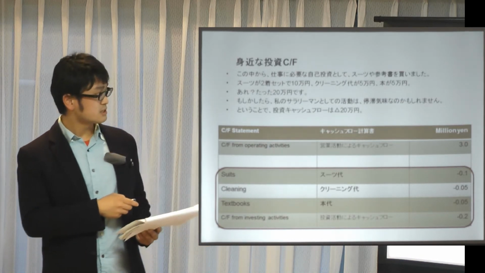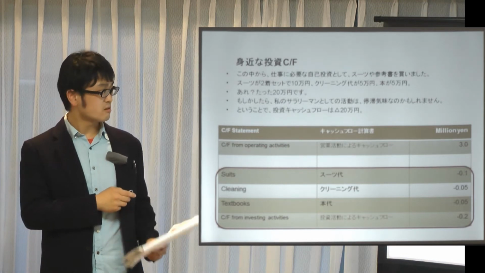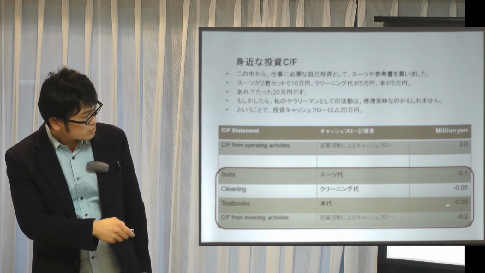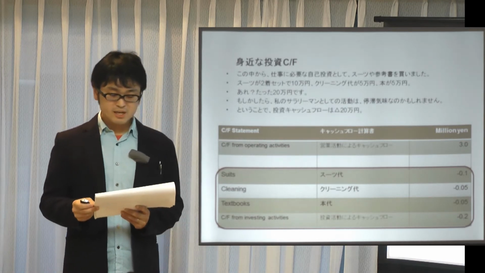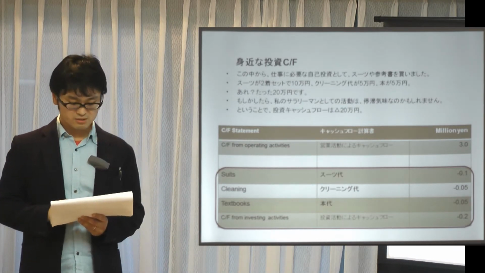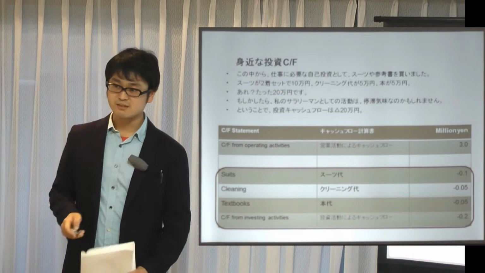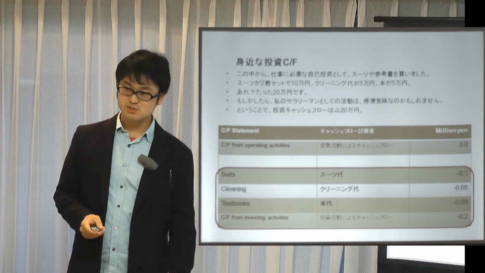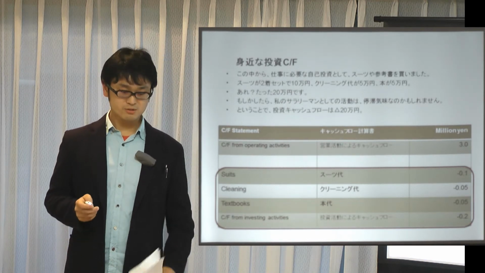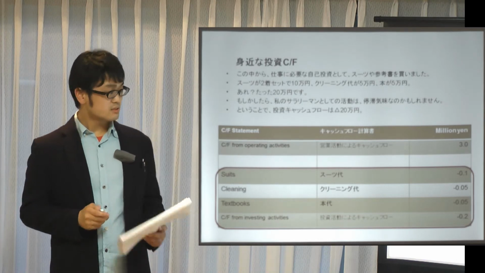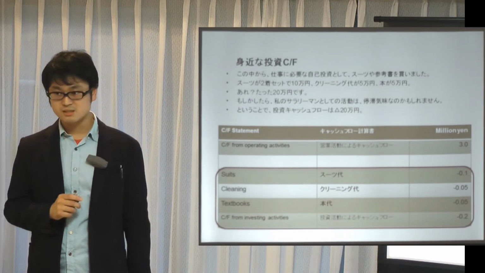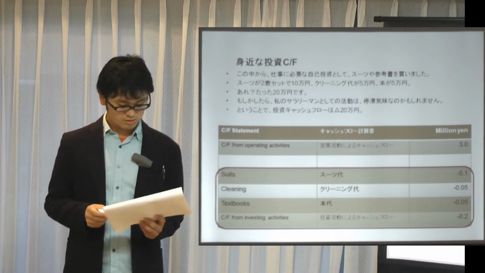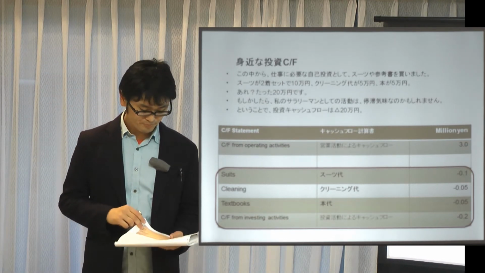Oh, the money I spent for my improvement was only 200,000 yen. My activities as an office worker may have been stagnant. Maybe I should invest in myself more. Anyway, the cash flow from investing activities is minus 200,000 yen.